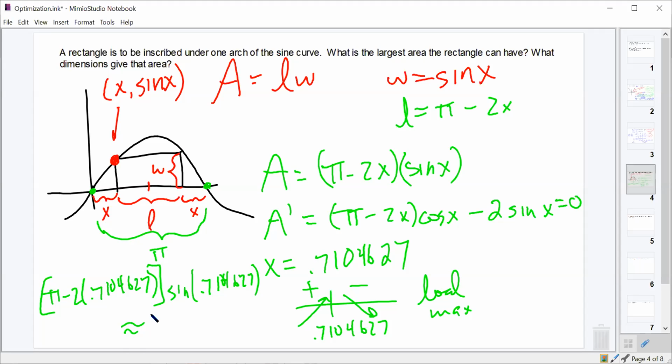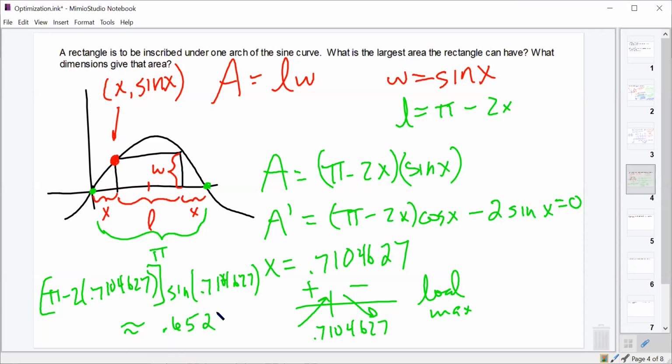You can round to 3 decimals now. What'd you end up with? 0.652.